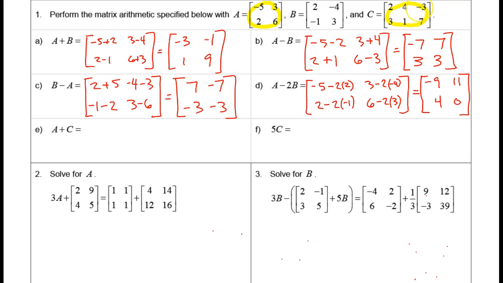But then what do I do for column 3? Well, the answer is nothing, because this is undefined. Okay, the matrices must have the same dimensions if we're going to do addition or subtraction.